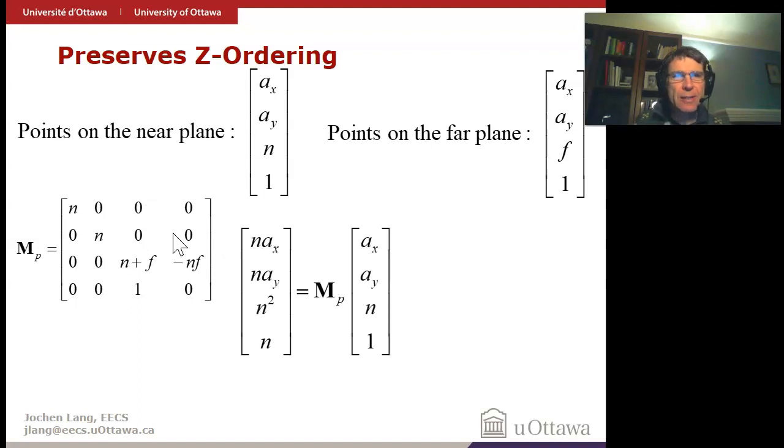So if I do this, what do I get out? I get here n times ax, I get here n times ay, and then this third row here, when you look at this, I multiply n times n, gives me n squared, plus nf, and then I have here from the back, I have minus nf, so that cancels out, so I'm left with n squared.